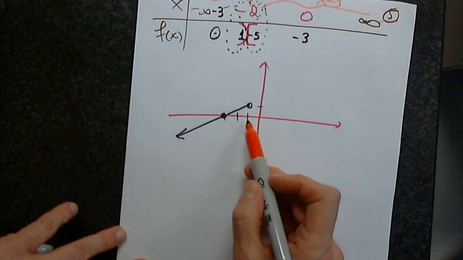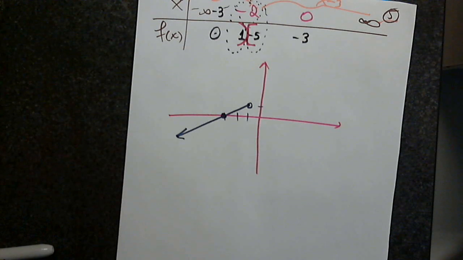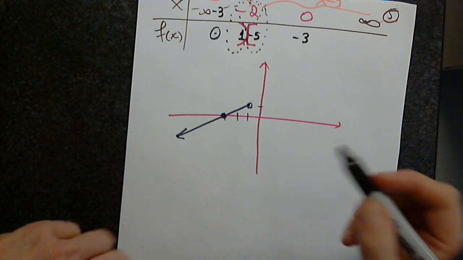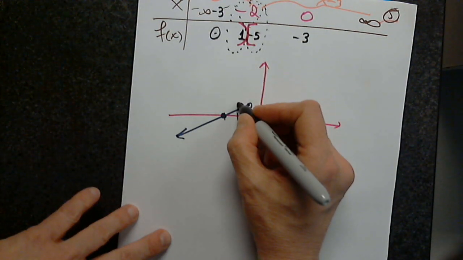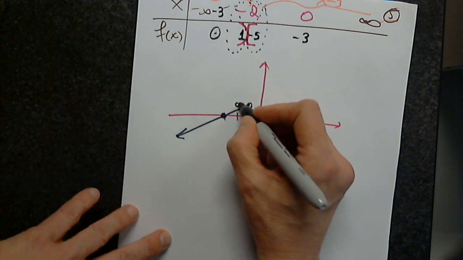Oh, I made an error here. I'm sorry. It was on top of -2. My apologies. I went to -1. I'm sorry. -2, 1. Sorry about that.